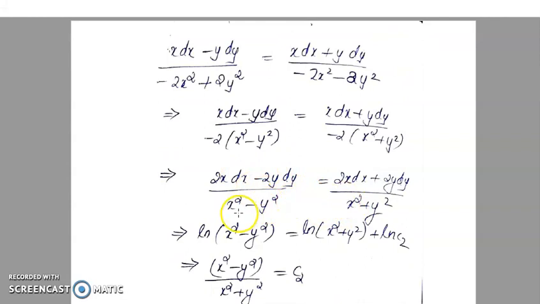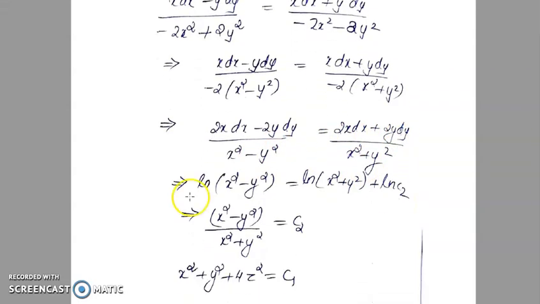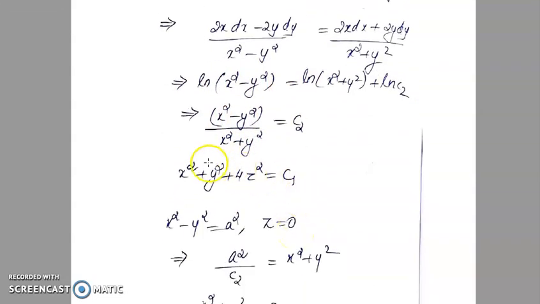So on simplifying, cross multiply here, so (2x dx minus 2y dy) by (x square minus y square) equal to (2x dx plus 2y dy) by (x square plus y square). So on integrating, you are going to get the solution as (x square minus y square) by (x square plus y square) equal to c2. So therefore, these are the two solutions.